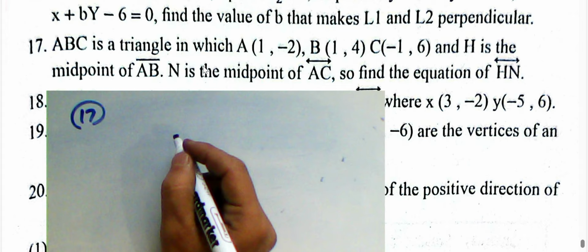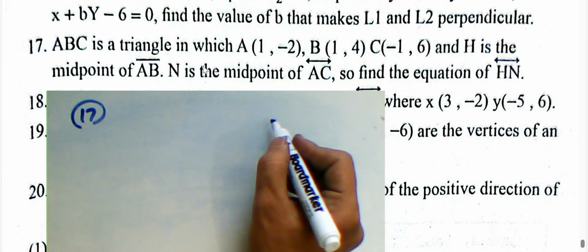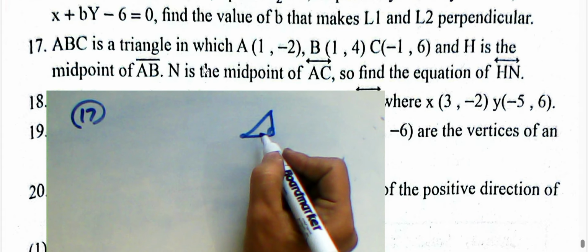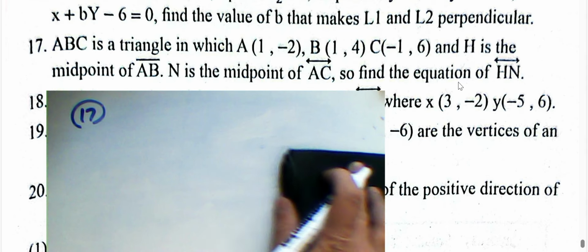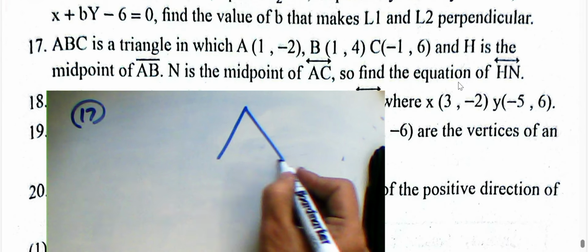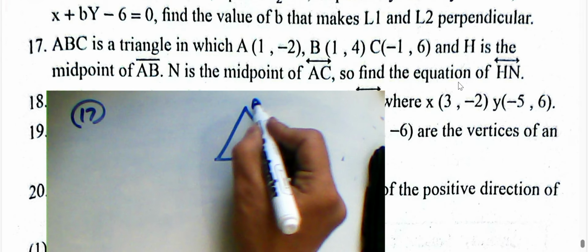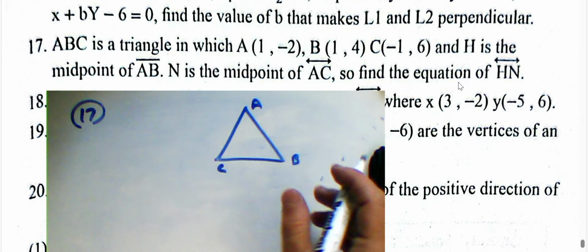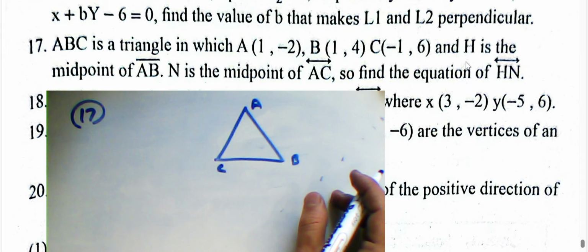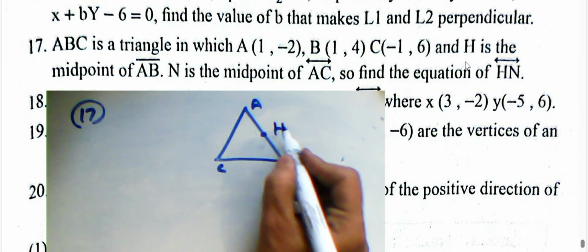It's not a right angle triangle. It's like this triangle A, B, and C. He gave me the order A, B, C in the example and the information that H is the midpoint of AB, here.